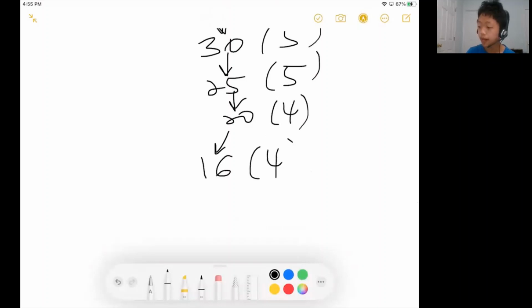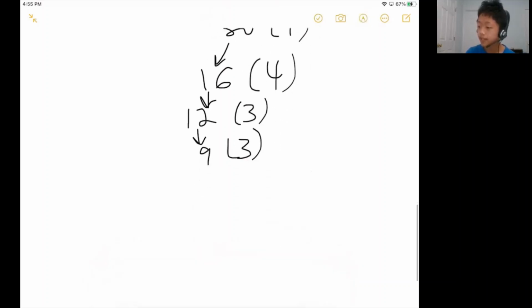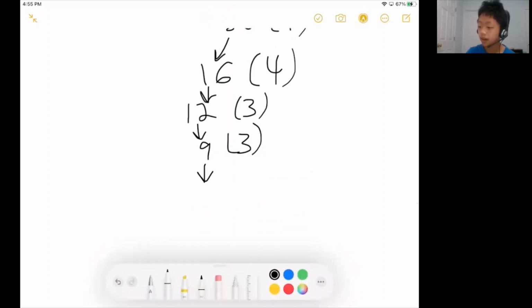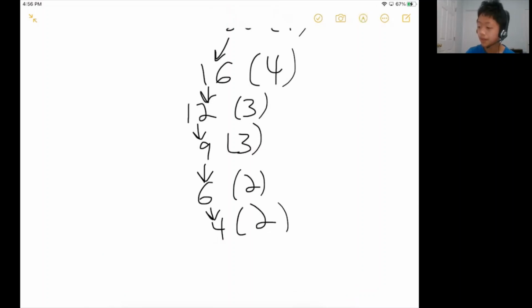Then we remove 4 tiles, that goes to 12. Then we remove 3 tiles, that goes to 9. Then we remove 3 tiles, that goes to 6. And then we remove 2 tiles, so that becomes 4. And then we remove 2 tiles, that becomes 2.